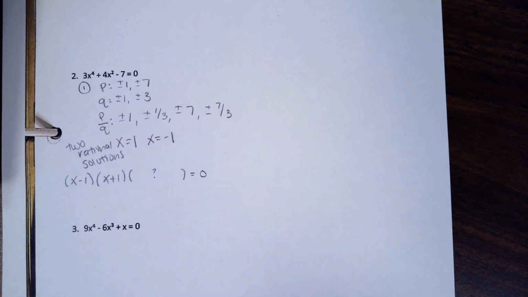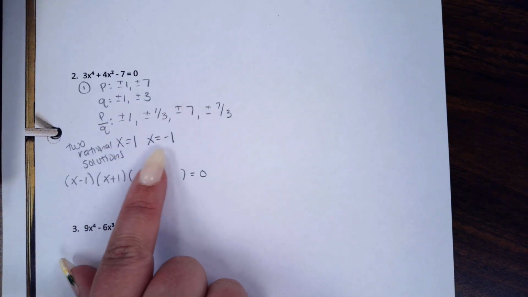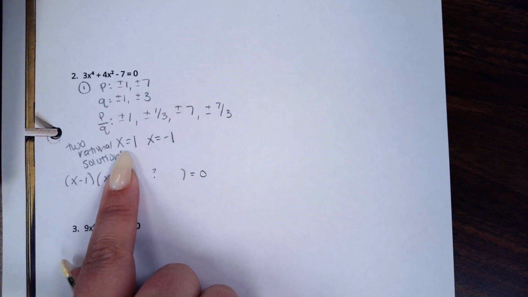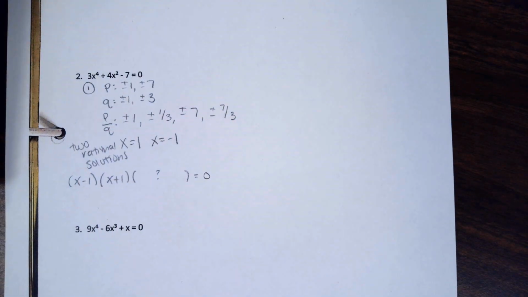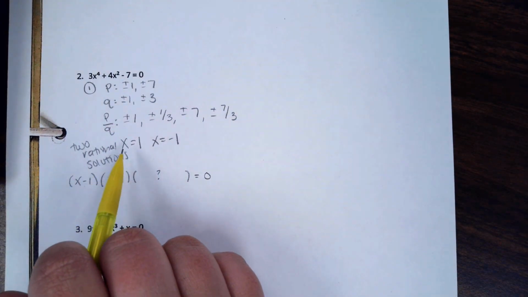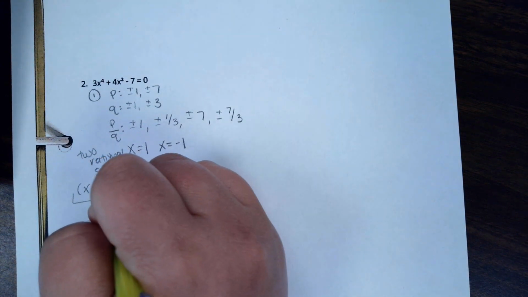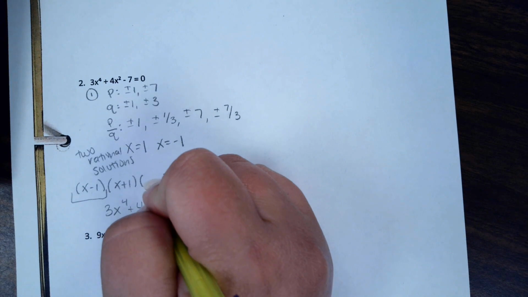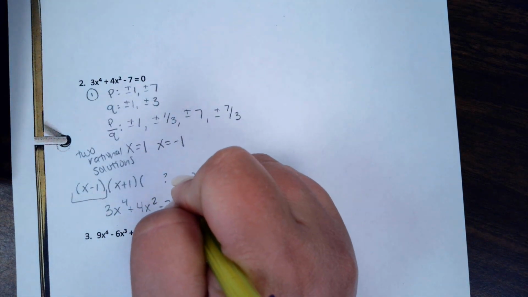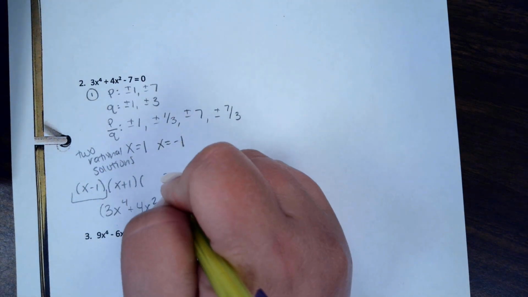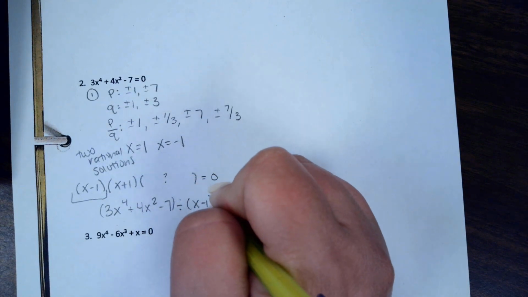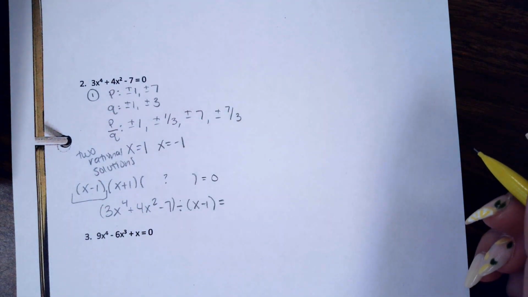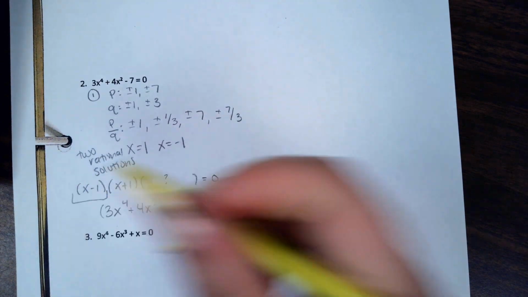So what I'm going to do is take my first rational solution, that's 1, and use it to synthetically divide. So really, I'm dividing 3x to the 4th plus 4x squared minus 7 by x minus 1 to see what we get, because we're dividing out that factor.